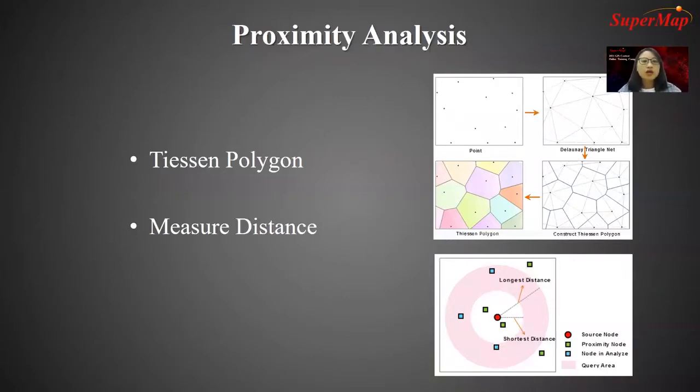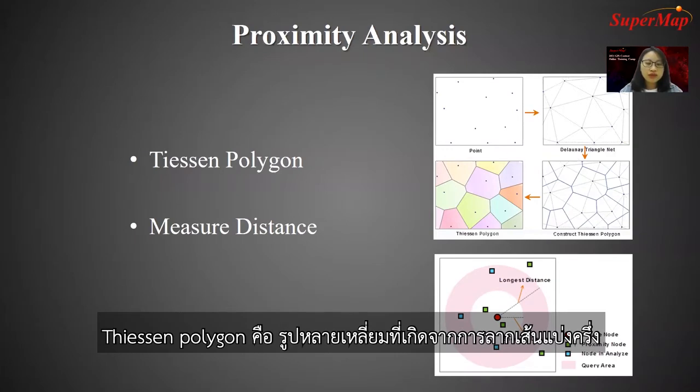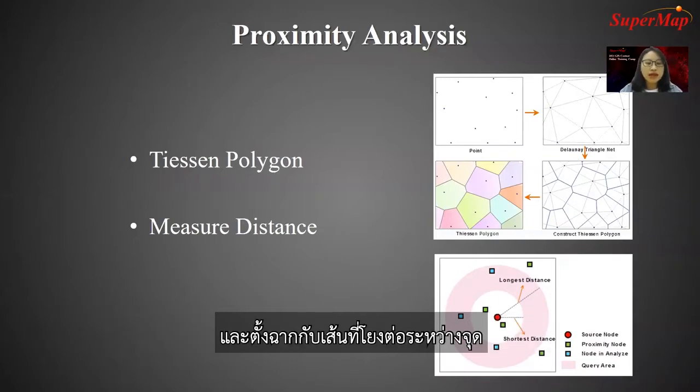Let's go on. As you know, the Thiessen polygon has features: every Thiessen polygon contains only one discrete point, and for any location in a Thiessen polygon, the discrete point associated with that polygon is the closest one among all the discrete points.